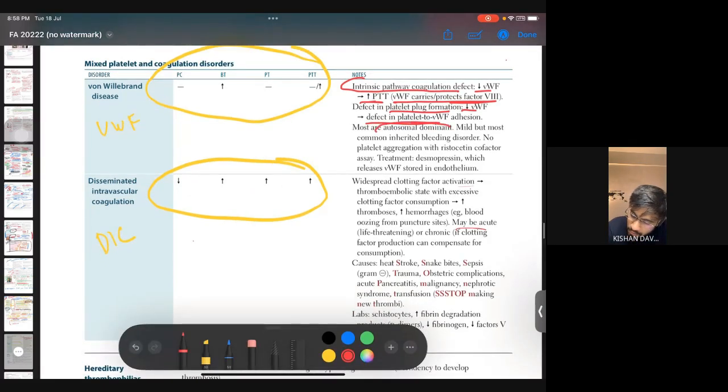Important point, autosomal dominant. Okay, no platelet aggregation with ristocetin cofactor assay. This is important. This will help you in diagnosis. Treatment is desmopressin. Okay, now I'll tell you how the case is presented.